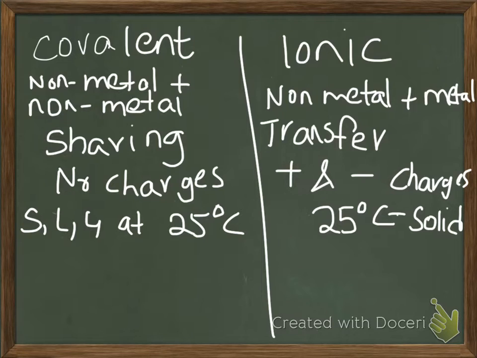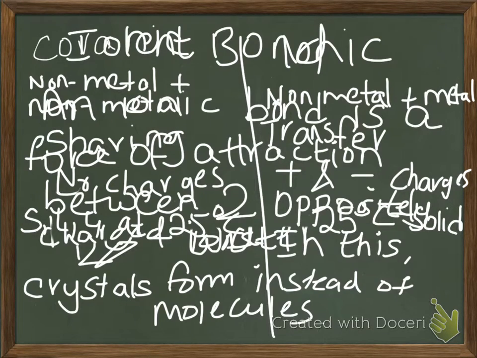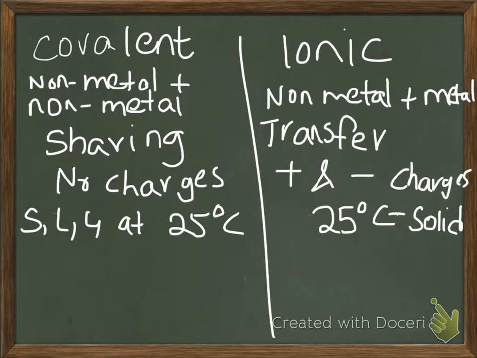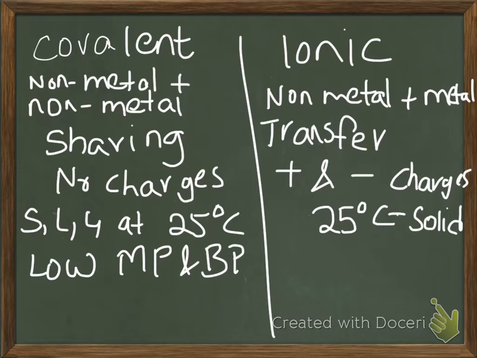Covalent compounds have low MP and BP. MP means melting point, BP means boiling point, and ionic compounds have high MP and BP.